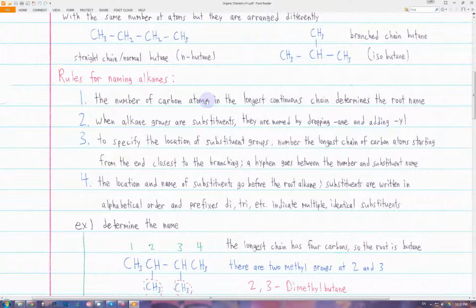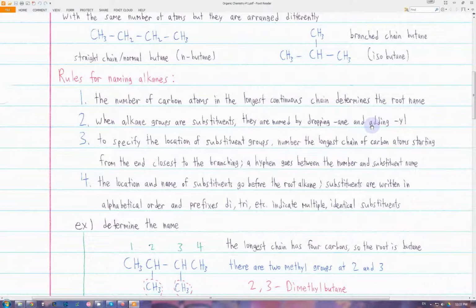And then next we need to describe the substituents. If we have an alkane group that is used as a substituent, then we get the name by dropping the -ane at the end and adding -yl. So for example, methane becomes methyl.